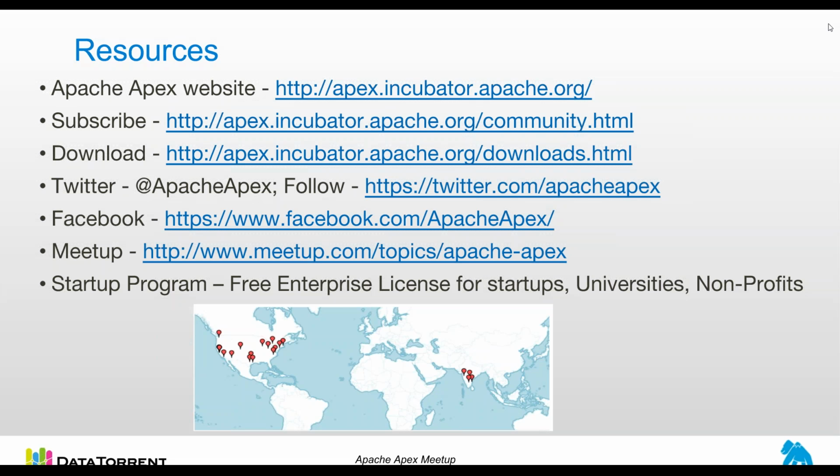One more question you may like to answer is, what is the difference between Apex, Storm, and Spark? That's a question we get asked repeatedly. Effectively, all these solutions are similar and different. Spark is more of an in-memory map reduce, we would say.